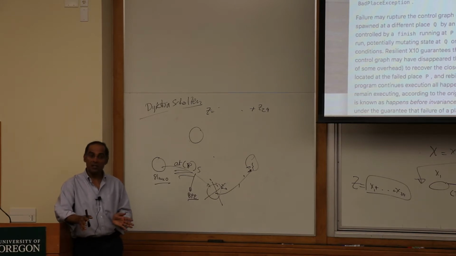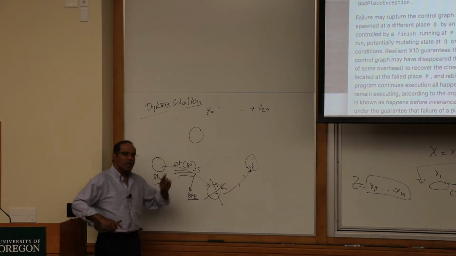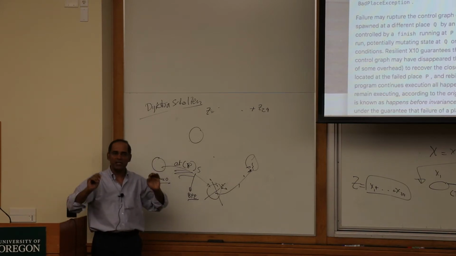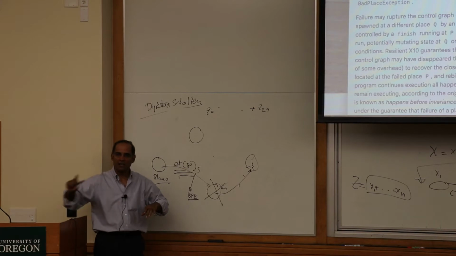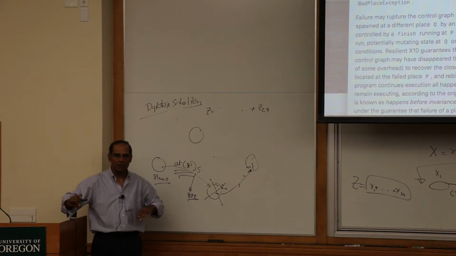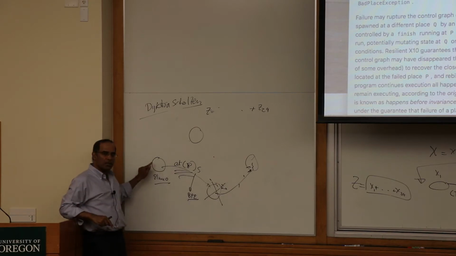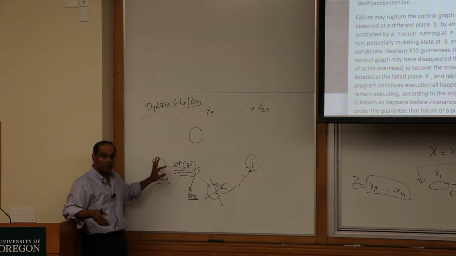So the third answer is we keep it running, but now we rely on the fact that this is a rooted finish. X10 insists on a rooted finish computation. Any activity running anywhere, through a chain of finishes, leads to the initial code running in the body of main, from the thing that you called from the command line.